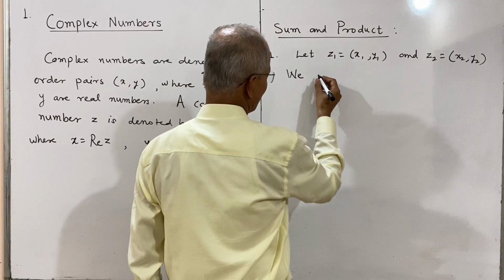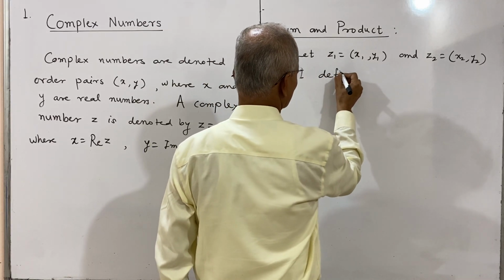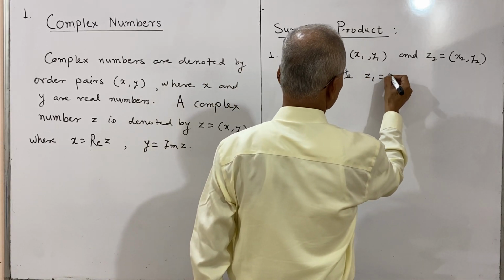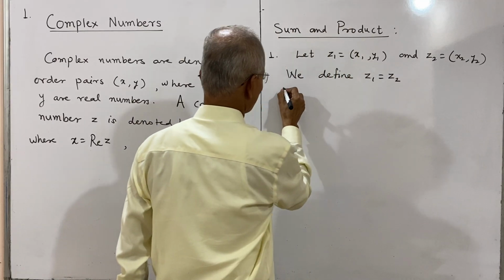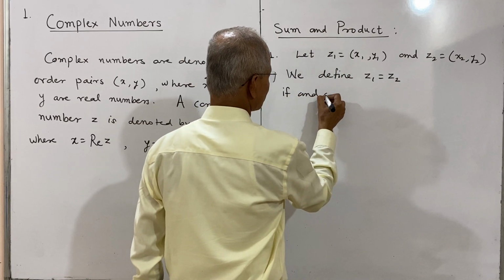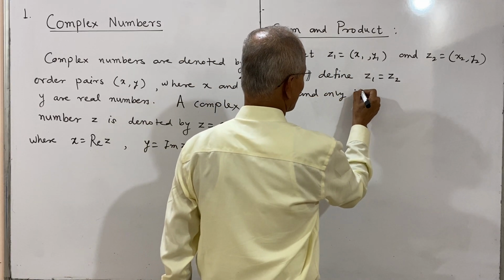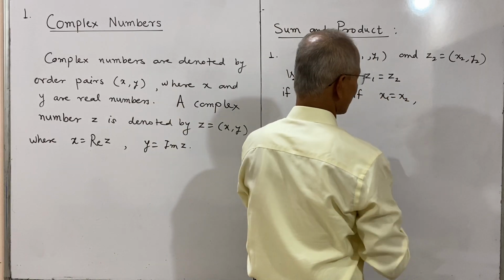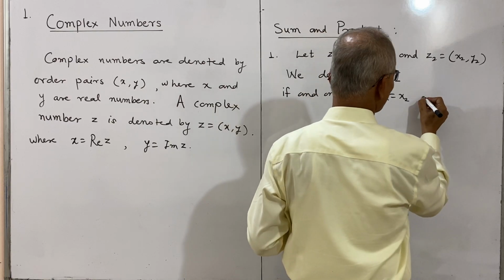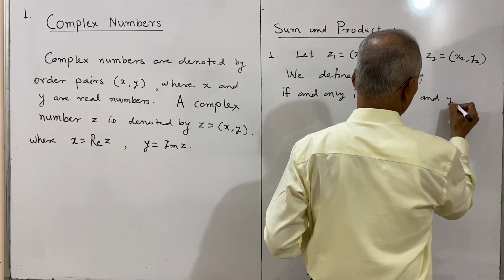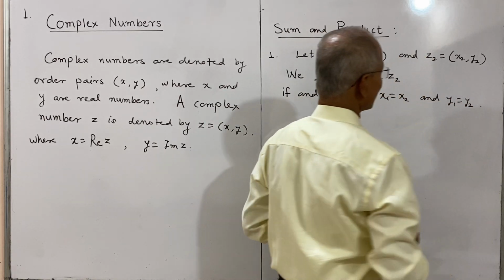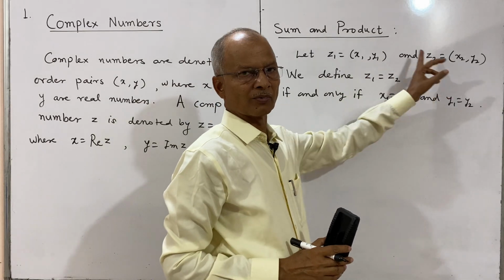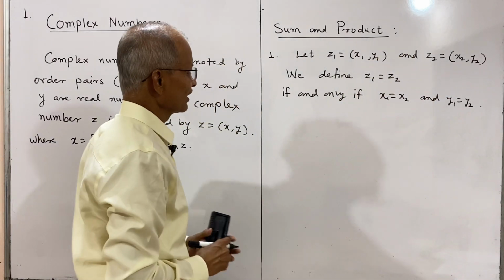We define z1 is equal to z2 if and only if x1 is equal to x2 and y1 is equal to y2. That means their real parts and their imaginary parts are equal. Then and only then the two complex numbers are equal.